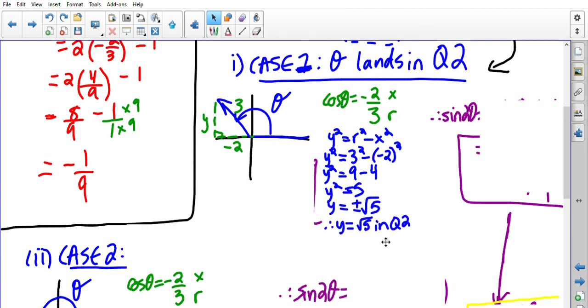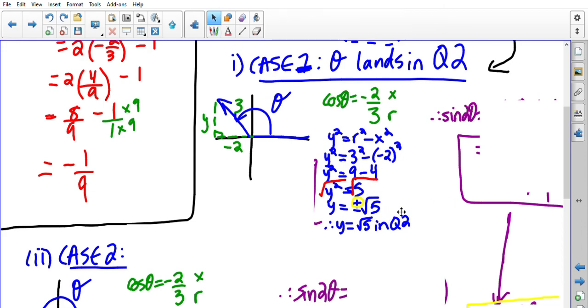Mathematically, when we take the square root of both sides, y is equal to plus or minus root 5. Always leave it as the simplified radical. Now you have to think to yourself, why did we choose the positive version? I'm circling that.